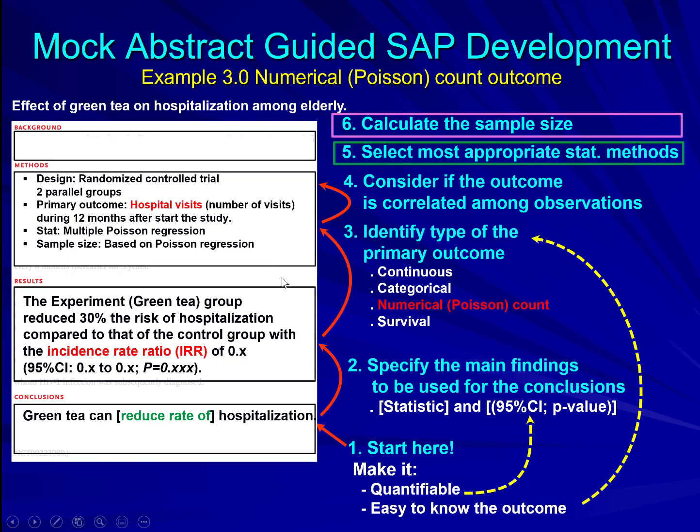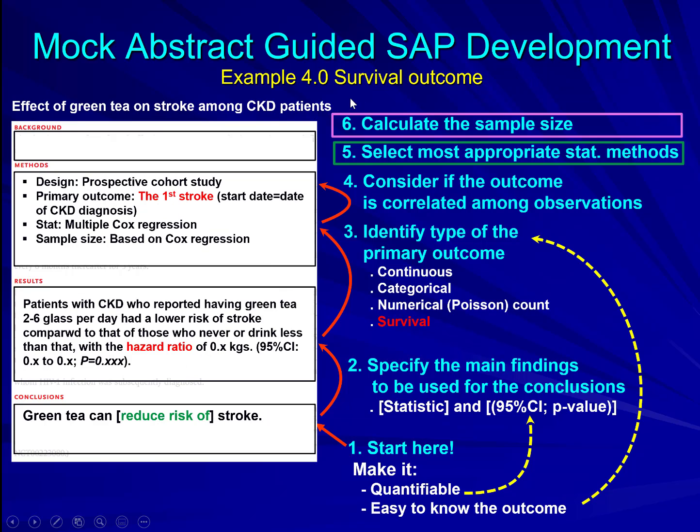And the last one, survival outcome, or sometimes we call it event-free duration. An example is the effect of green tea on stroke among CKD patients, chronic kidney disease patients. The outcome is the first stroke, not any stroke. If any stroke, it becomes the Poisson count.